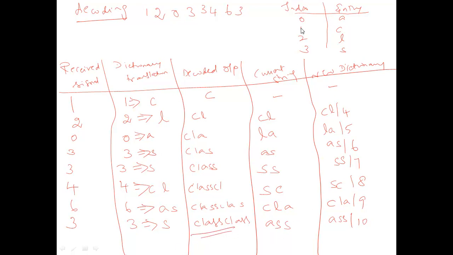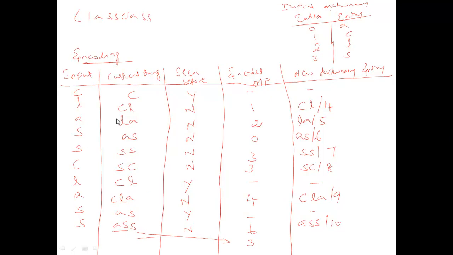We have the same 0 to 10 dictionary entries. So when you perform LZW, you are performing text compression. I have just given you an example of how to do it. In CLASSCLASS there are totally 10 characters.